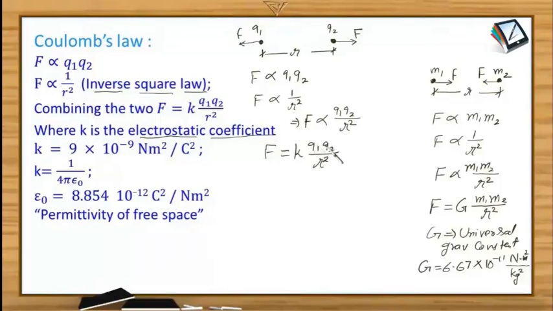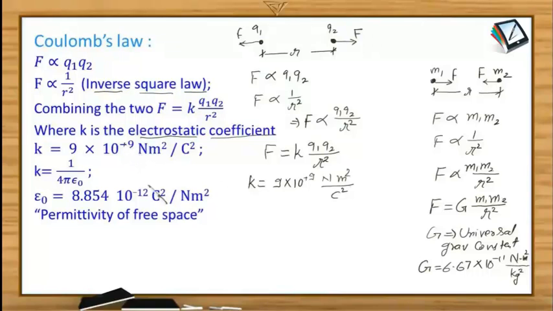So the unit of K will be Newton meter square per Coulomb square. The value of K was found experimentally, and it is 9 into 10 raised to the power plus 9 Newton meter square per Coulomb square.